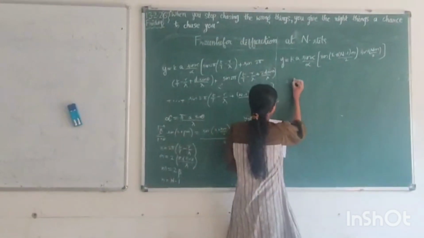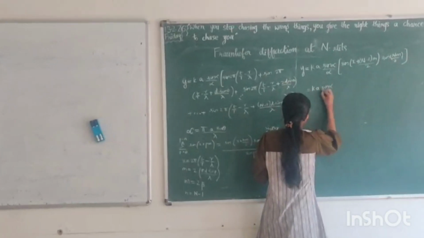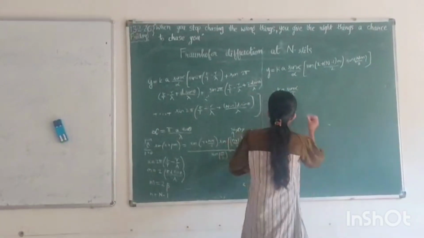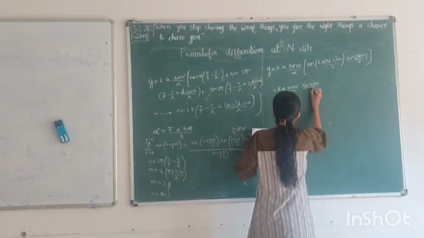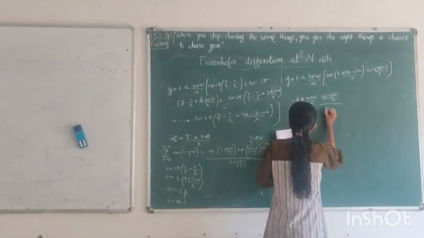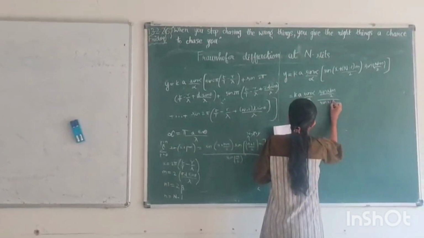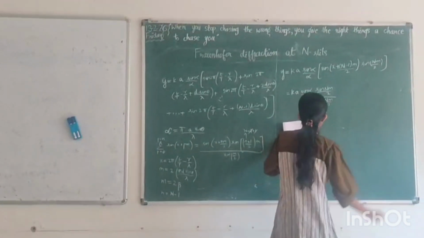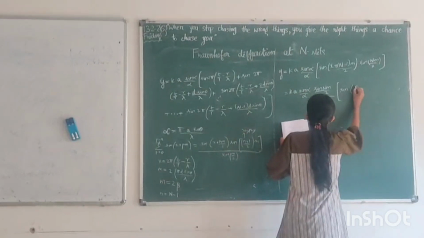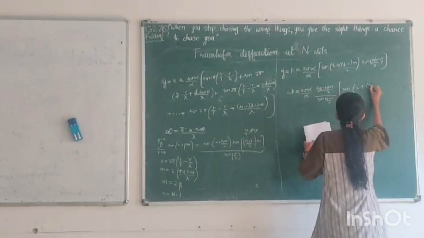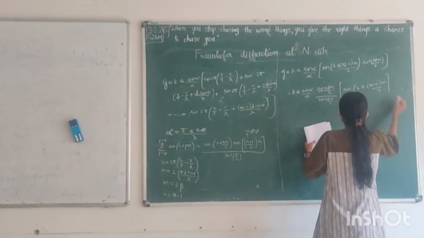This is equal to K a, sin alpha by alpha, into sin (n m by 2) by sin (m by 2), into sin (x plus (n minus 1) m by 2).